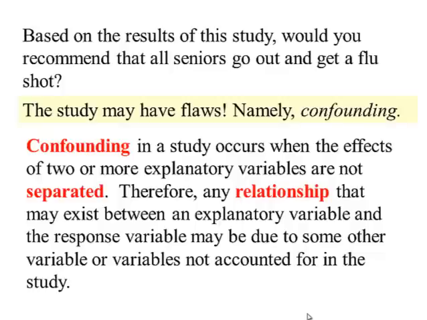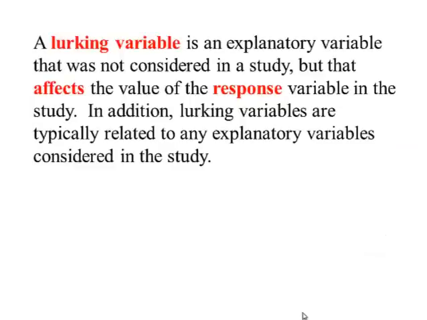So the flu example is an observational study, and there is confounding going on in the study. A lurking variable is an explanatory variable that's not considered in the study, but it does have an effect on the response variable in the study. In addition, lurking variables are typically related to any explanatory variables considered in the study.